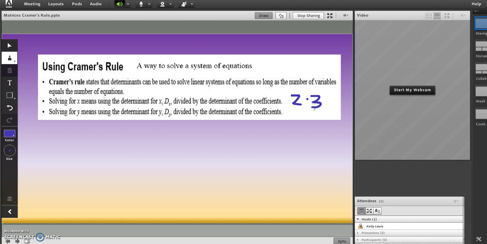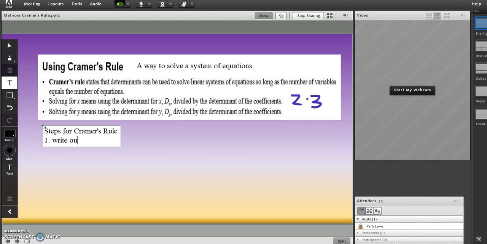I'm going to write out the notes, and they won't make much sense right now, but as we do a problem, it'll be better, especially if you're a step person.